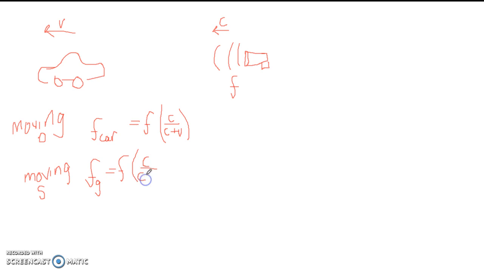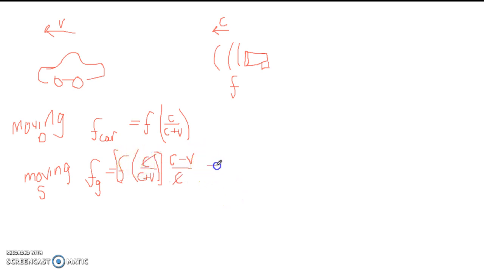plus v. And that whole frequency is shifted. And we're now going to use the expression for the moving source. And it's going to be lower. So on the top, we want c minus v on the top over c on the bottom. And I hope you can see here that these are going to cancel out.